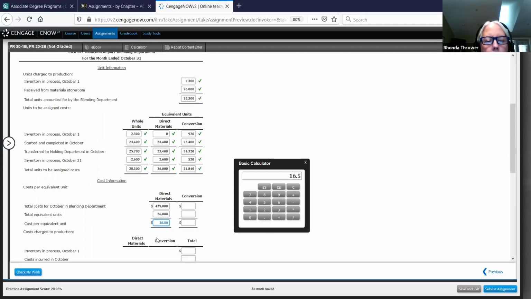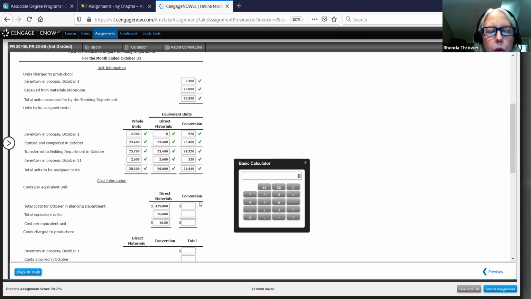That is the cost per equivalent unit for materials. Again, it's 26,000 divided into 429,000. That gives you $16.50 as the cost per equivalent unit for materials.